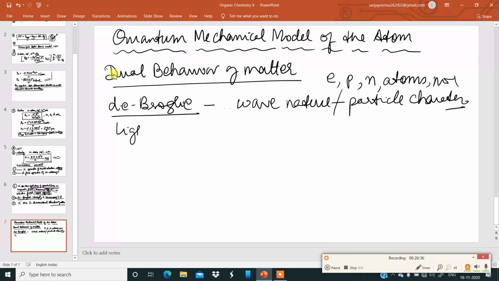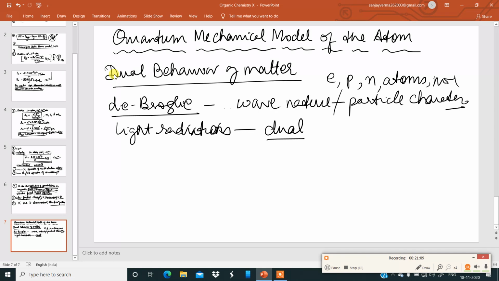Light showing interference and diffraction explains wave properties, but photoelectric effects show the particle nature of light.